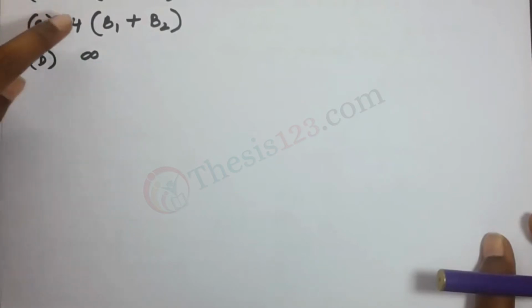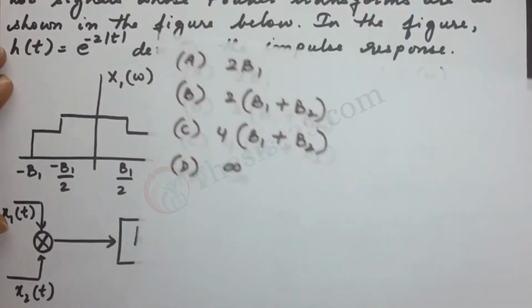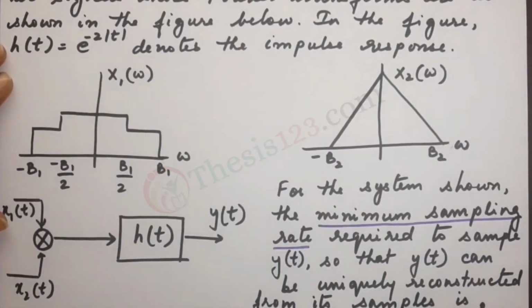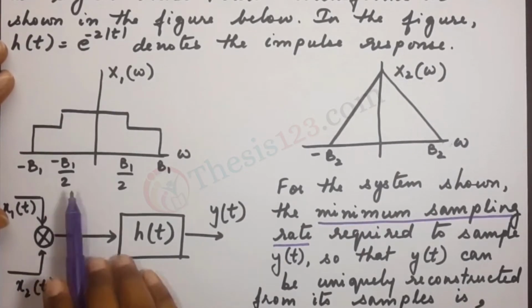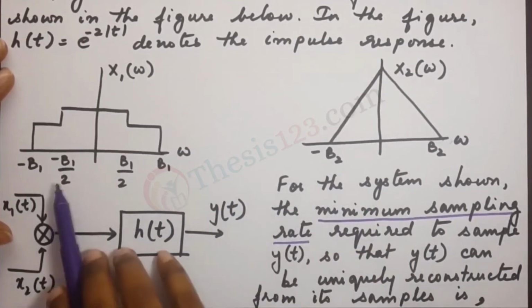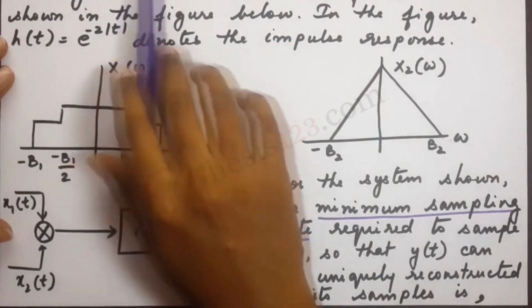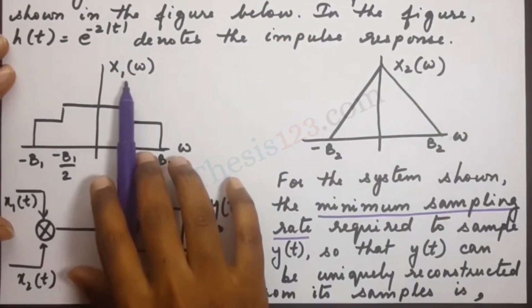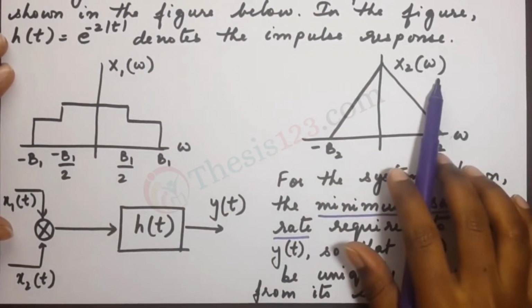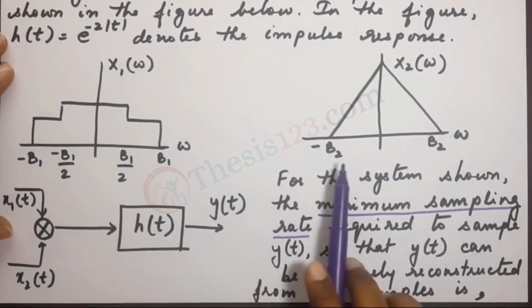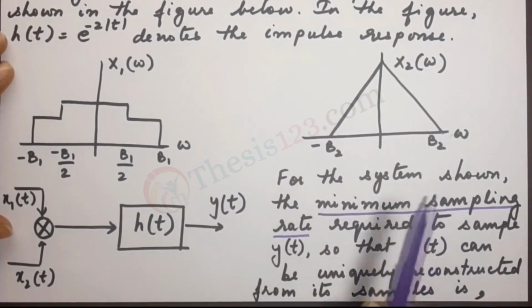Now B1 and B2, you will notice, are here in the figure, corresponding to the input signals x1 of omega and x2 of omega. B1 and B2 are the bandwidths.